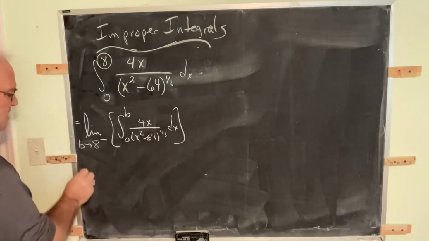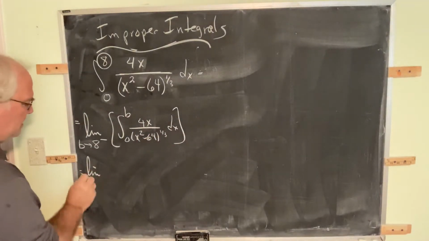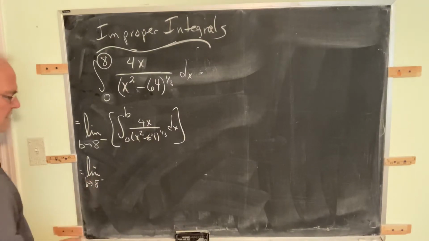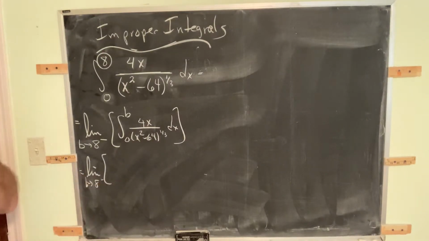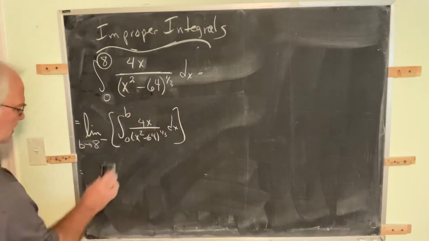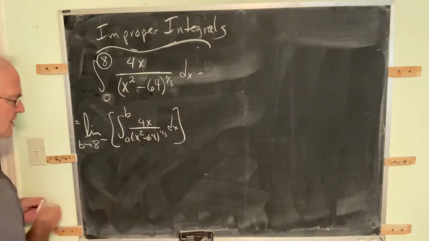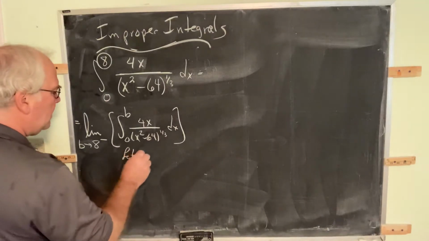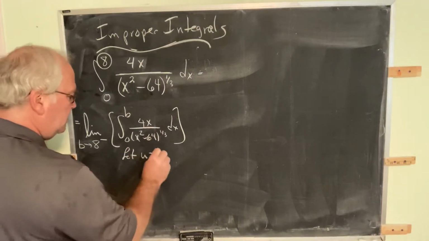And so what's our procedure? Our procedure: this is the limit as b goes to 8 from the left. What do we have? We evaluate the antiderivative as usual. So I'm going to leave this alone and evaluate the antiderivative. It's an ordinary u substitution.